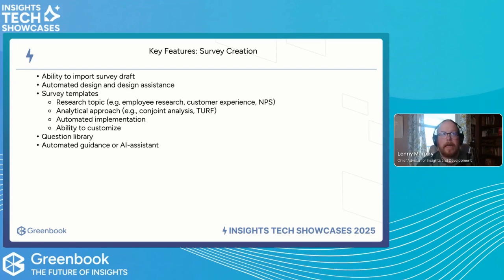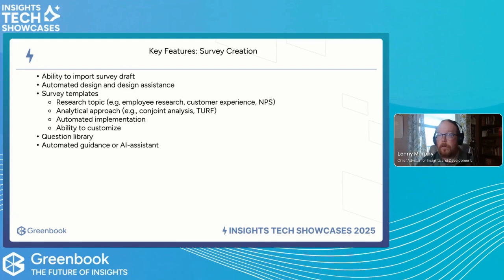Today, there are many automation solutions that can help with that process or even enable sharing in the design process in the platform. We can utilize templates, for instance, that incorporate best practices from a design standpoint based on the topic or the analytical approach that we want to use on the back end. There are question libraries that we can choose from. Most platforms have a drop-down menu where you can say, I want this to be an open end, or I want this to be a select all, or a Likert scale.